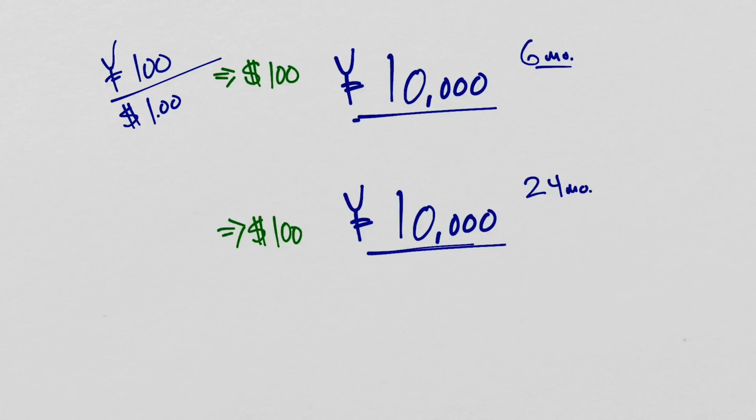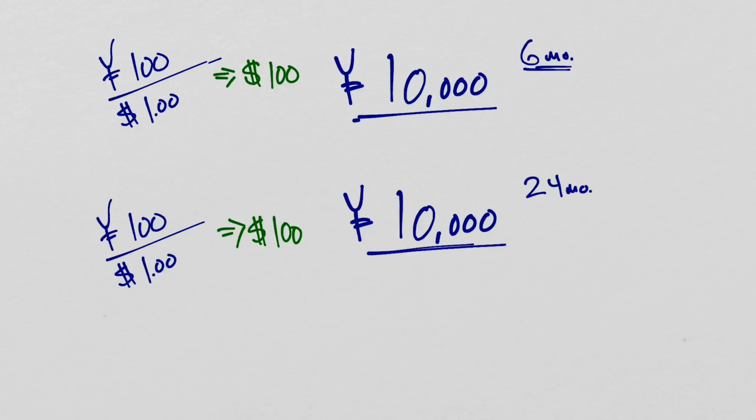However, this assumes that the exchange rate is fixed, that in 6 months the exchange rate is 100 yen to the dollar, and that in 24 months it is still 100 yen to the dollar. But if exchange rates are floating, that is, they could change at any time, and perhaps in 6 months they're 100 yen to the dollar, but they're 90 yen to the dollar in 24 months, then that same tire, even though my supplier didn't increase the cost in yen terms, costs me more.